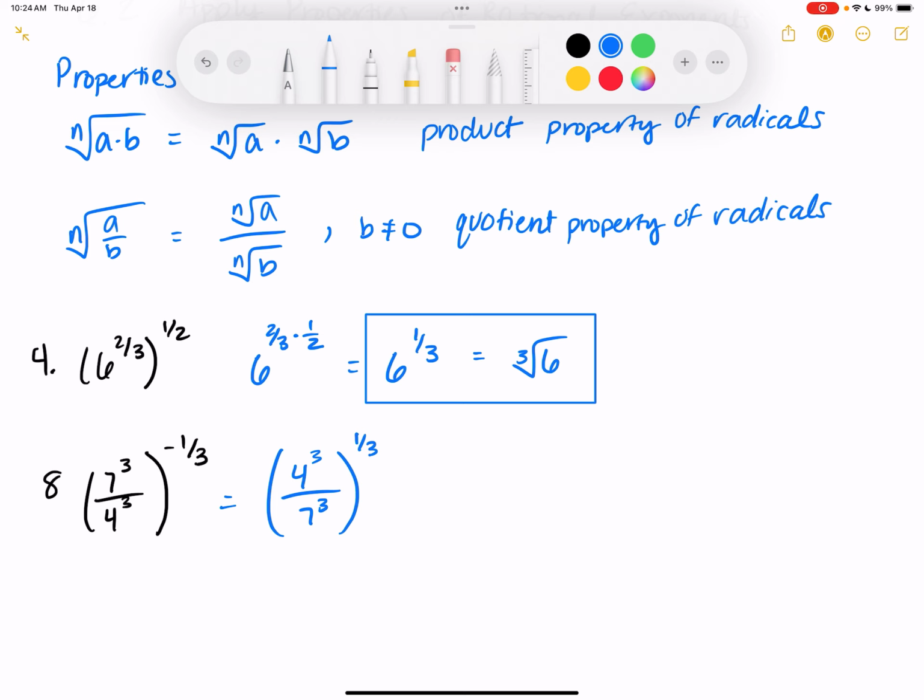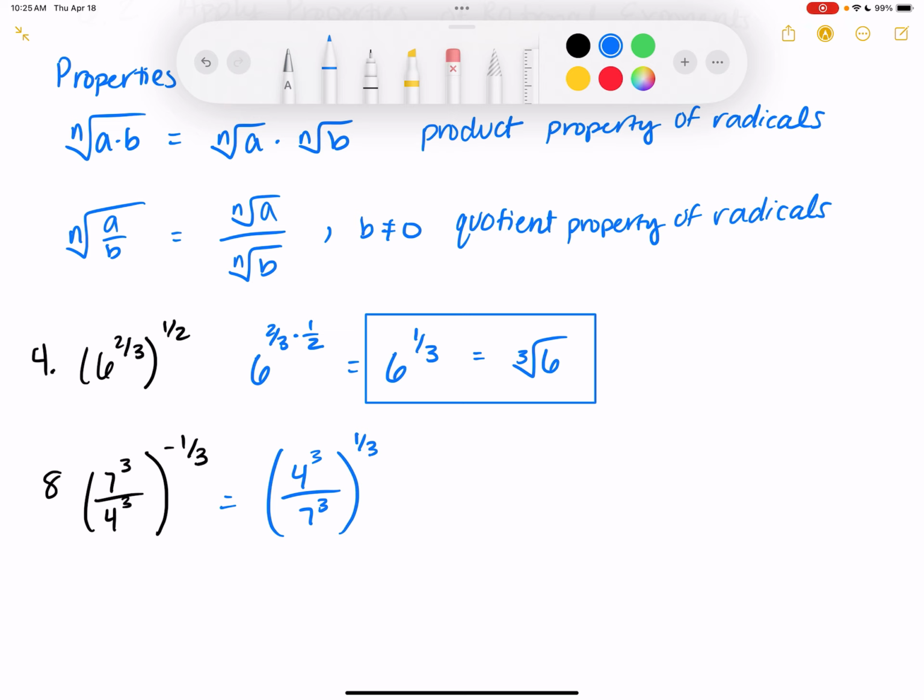And then what happens when I have a fraction and it's all being raised to an exponent? What do I do with that? Multiply. So we're going to multiply the top exponent by that, and then the bottom exponent by that.